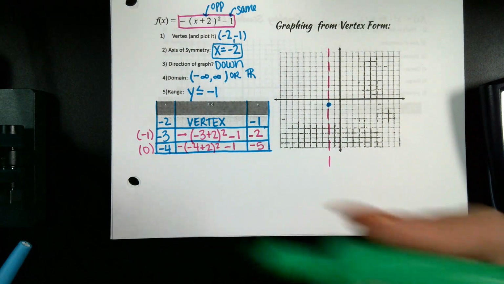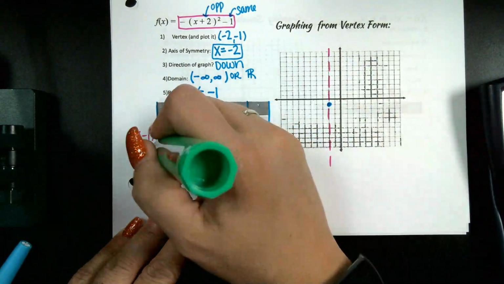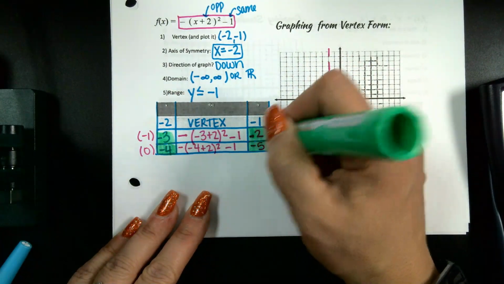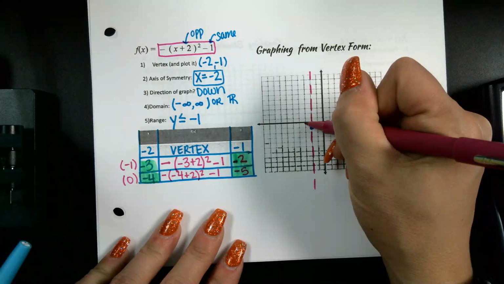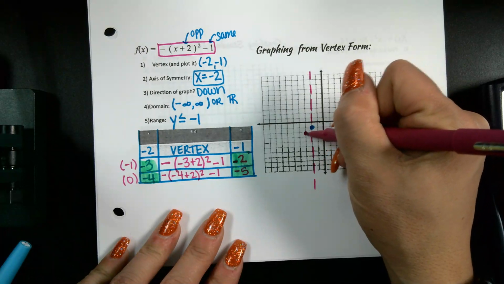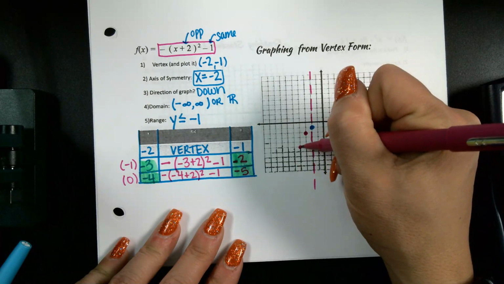So you are plotting negative 3, comma, negative 2, and then negative 4, comma, negative 5. Those are your ordered pairs.